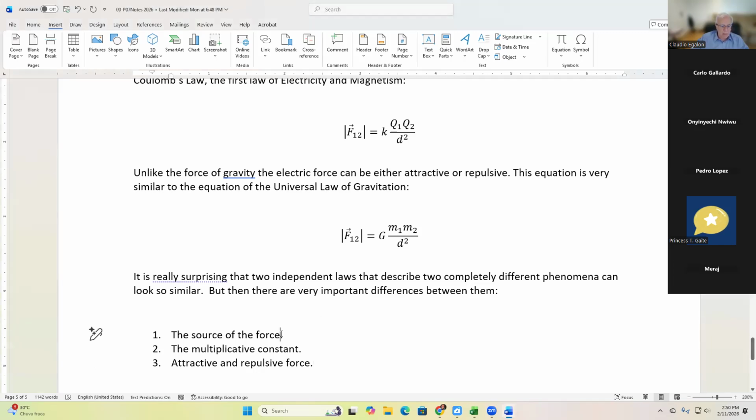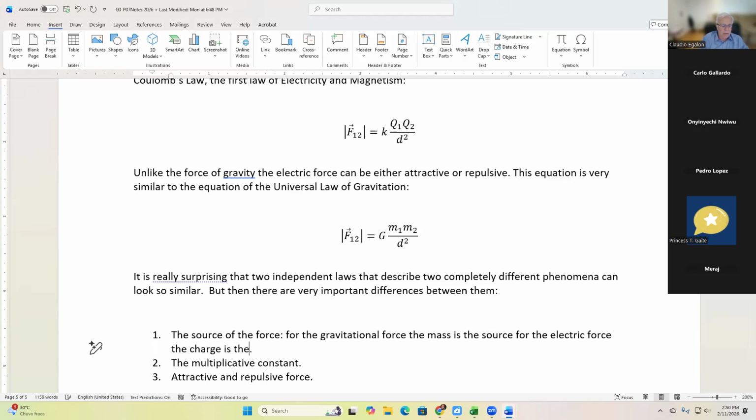The source of the force: for the gravitational force, the mass is the source. For the electric force, the charge is the source. So you can put it here, mass versus charge. Multiplicative constant: one is big G versus k.